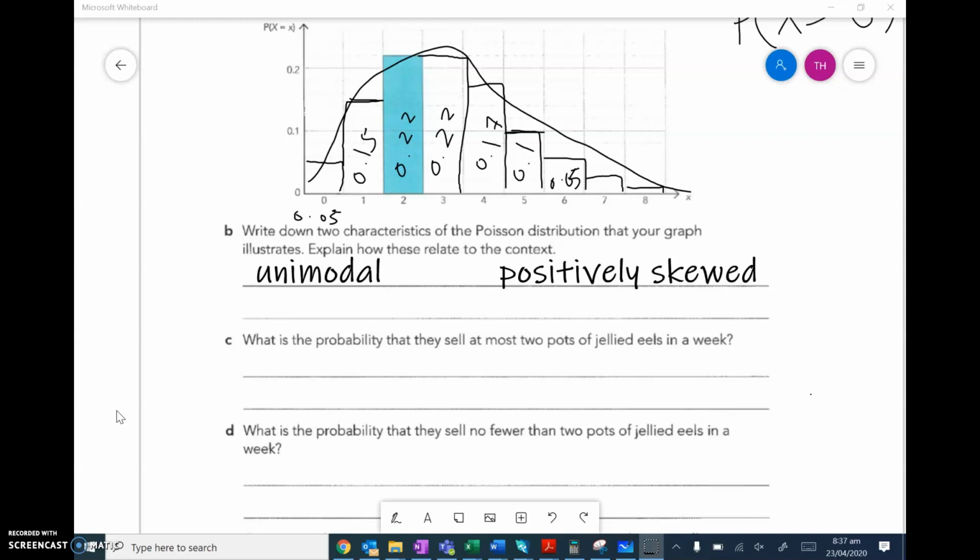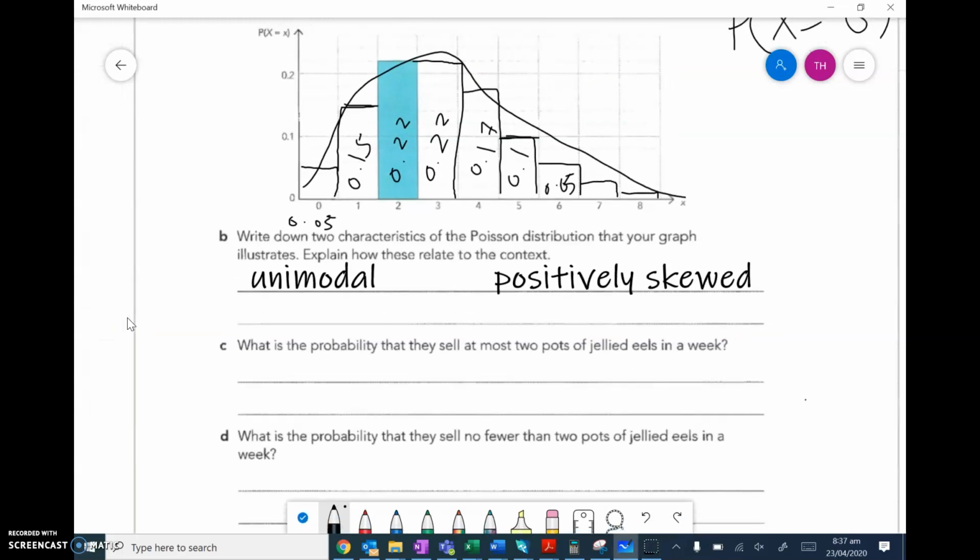So this is, what is the probability that they sell at most 2 pots of jellied eels? So at most 2, I've got the graph here, I can just add them together. 0.05 plus 0.15 plus 0.22 equals 0.42.